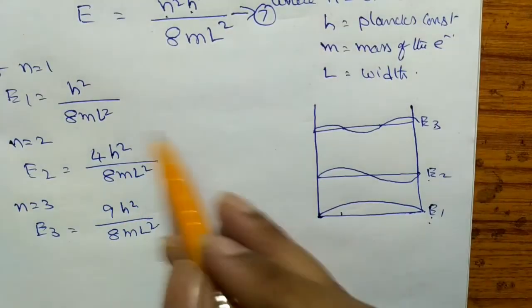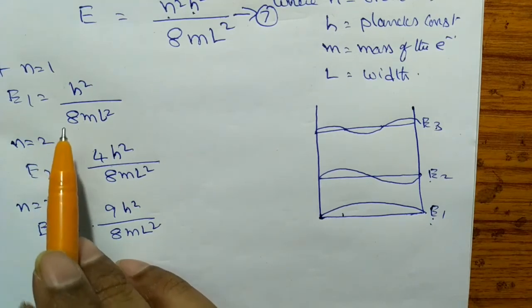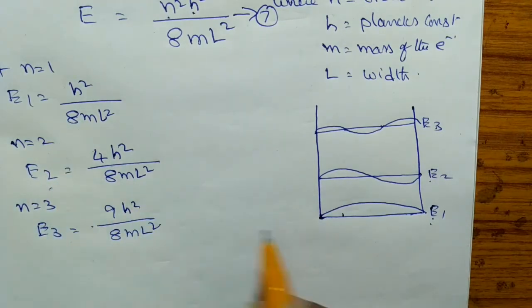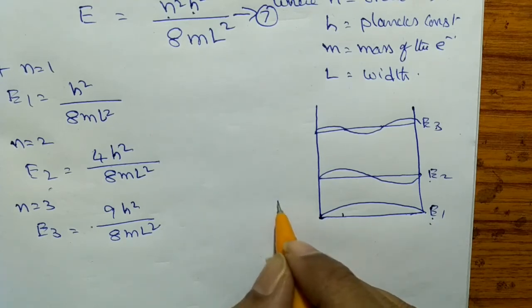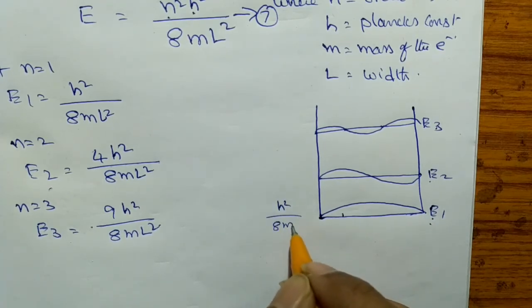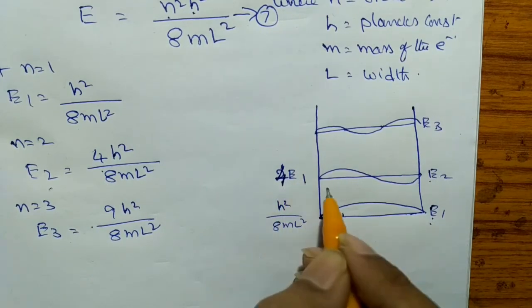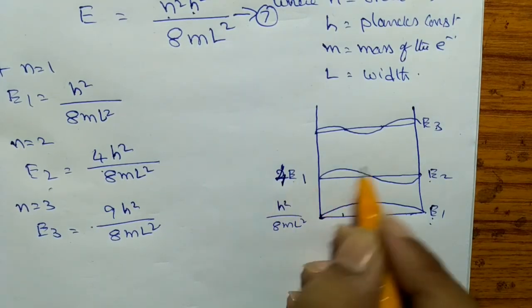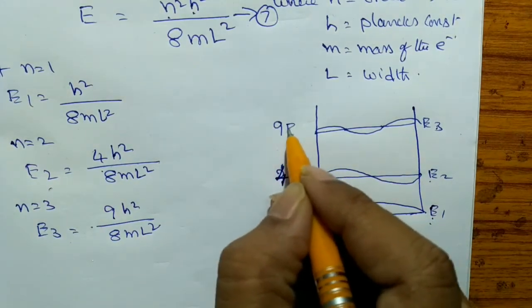At different orders we will be getting different energy levels. Those are discrete energy levels. This energy level E1 is h square by 8 m L square. E2 is equal to 4 into E1 and E3 is 9 into E1.